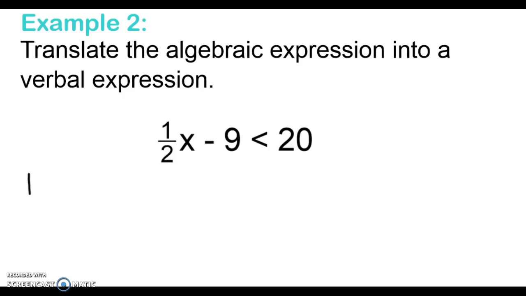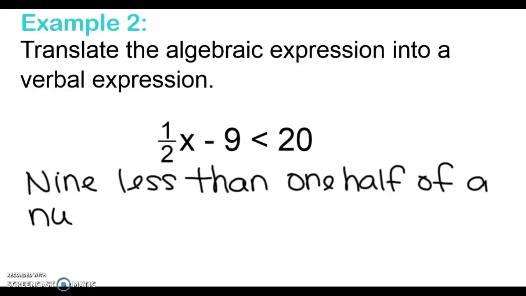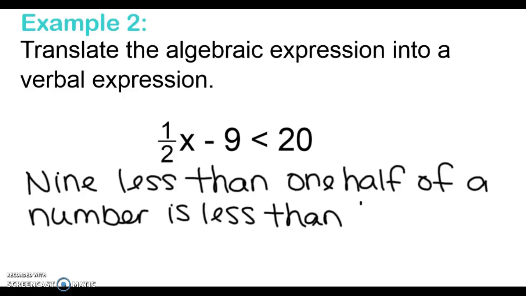So I'm actually going to say 9 less than 1/2 of a number x is less than 20. Now as you're looking at this, you're going, well, she has 2 less thans.